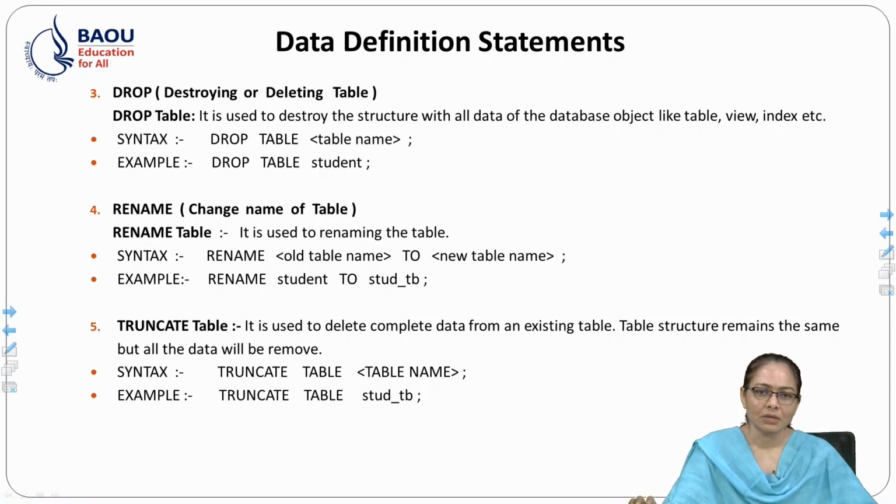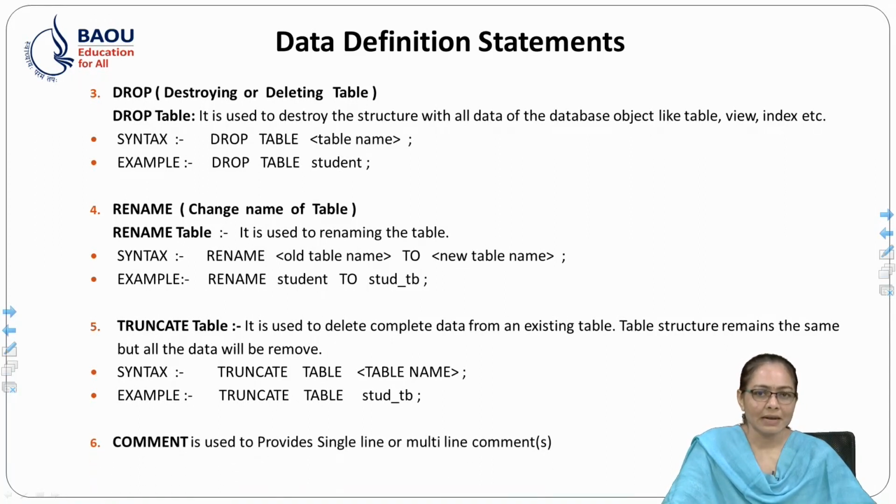It is used to destroy all the records from the stud_tb table and the structure remains the same. The structure will not be deleted, only all the records are deleted. Now the last one is comment. It is used to provide single line comments or multi-line comments.